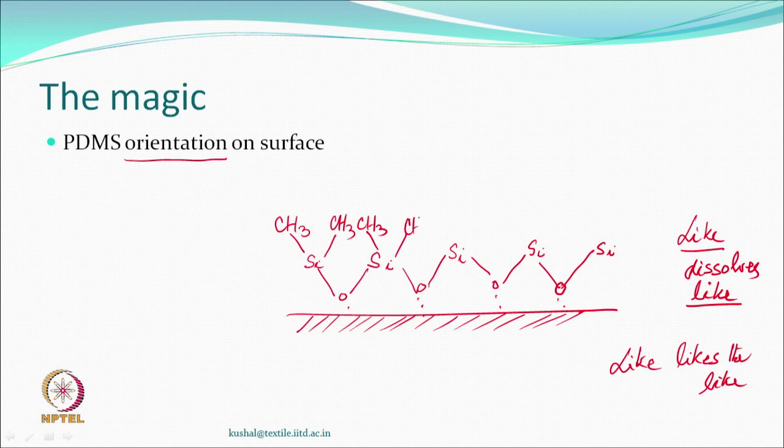You see all the CH3 groups are now aligned outwards, and so you can see as if they have created another layer, despite the fact that the CH3 group is not a big carbon chain. But what you see here, interestingly, is that this whole thing behaves like a hydrophobic surface.